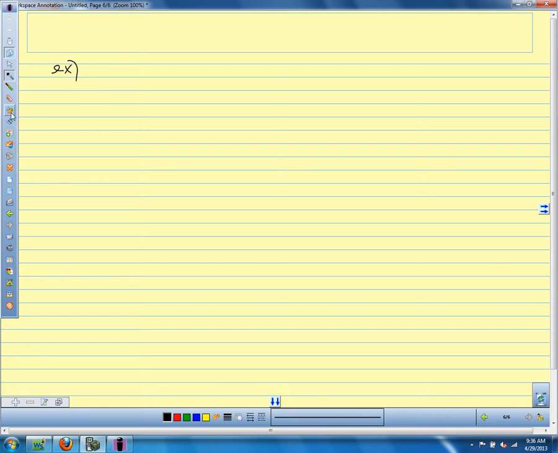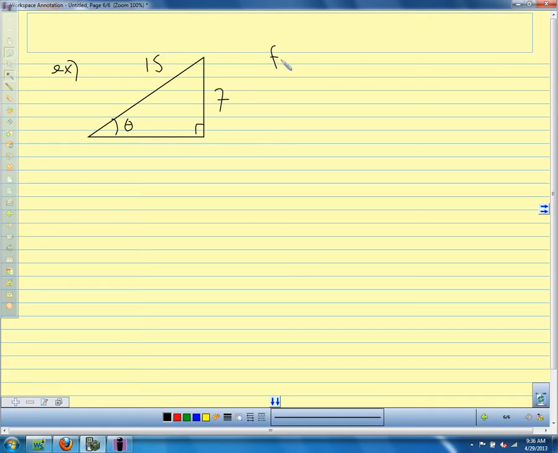So here's our triangle for this one. And for this part, we want to find theta. So before we even do anything, what do we know that we're going to be using, without even thinking of a ratio?